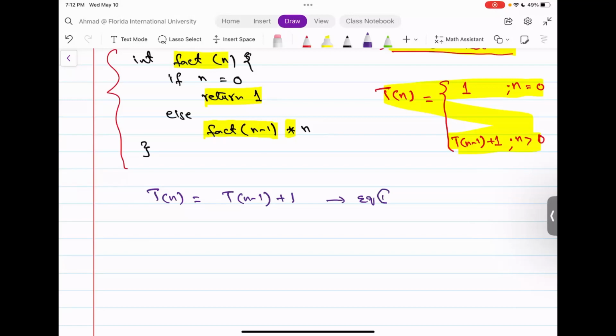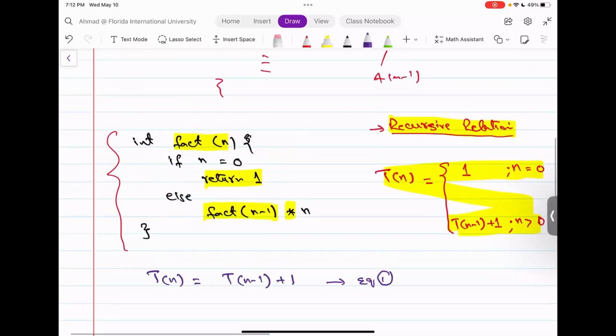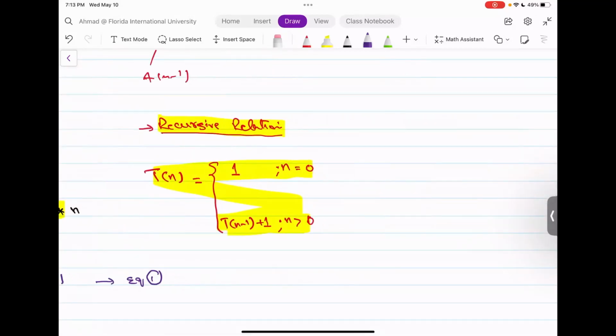Remember one more point here. In order to solve this recursive relation, there are many ways. There are at least 3 or 4 ways that we can follow. The first way is called the backward substitution method. Another way is called the forward substitution method.